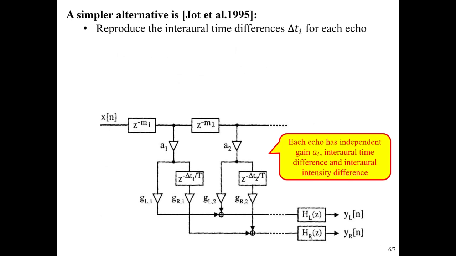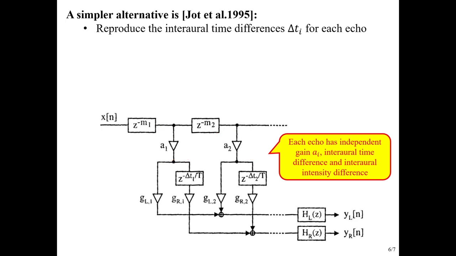Here's an even simpler approach that someone by the name of Jot with a few other people in the mid-1990s introduced. And they said, let's keep the A1s and the A2s, although we could put some filters in there too. They didn't talk about that in their paper, but there's no reason we couldn't put these as filters.